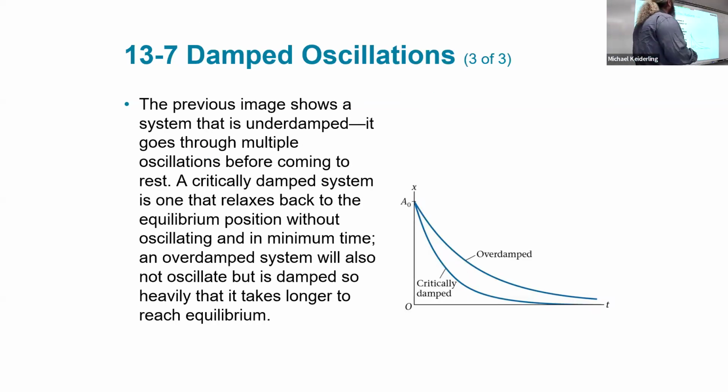So that's a damped oscillation. Most real oscillators are damped. If I have a pendulum on a string and I start it, you'll notice the amplitude steadily decreases, because there are various frictional forces that are roughly proportional to velocity.